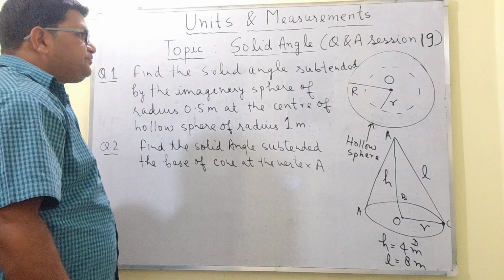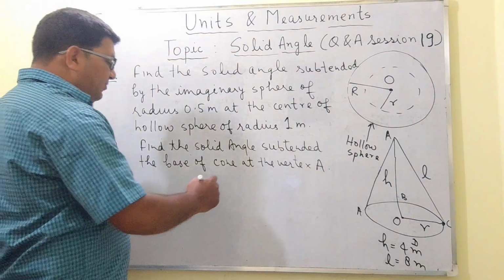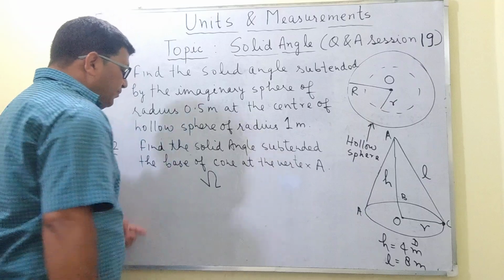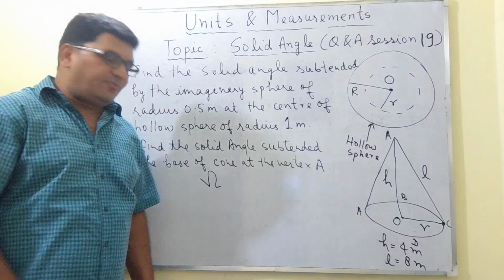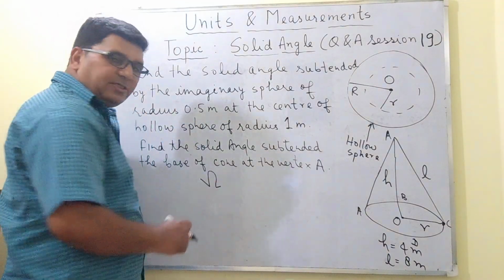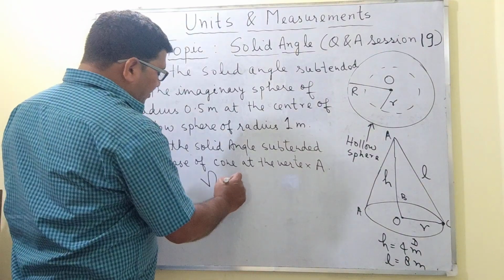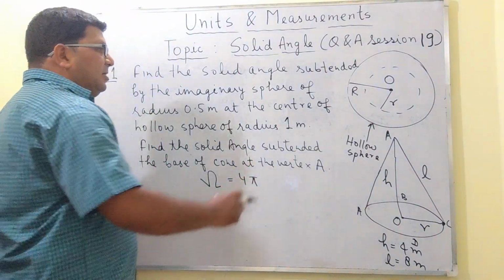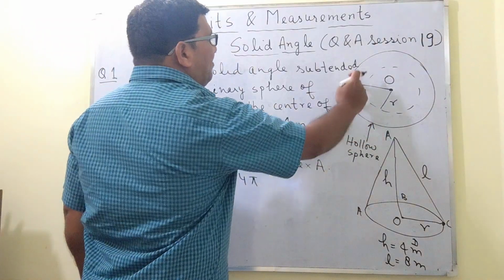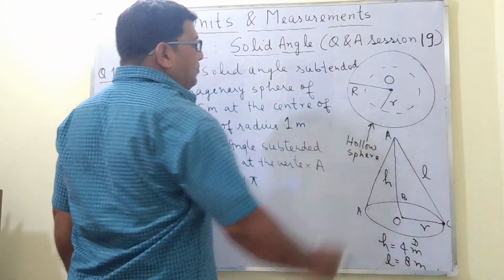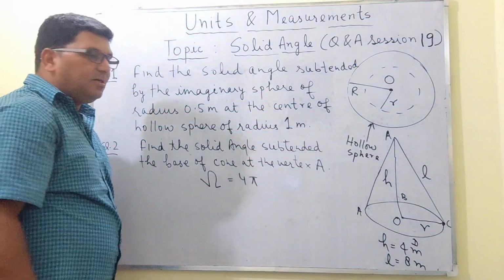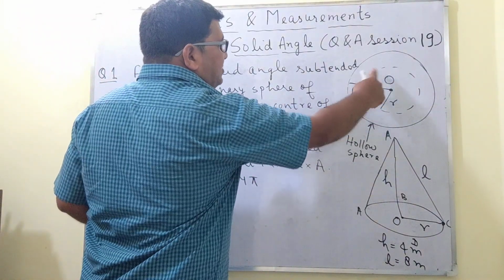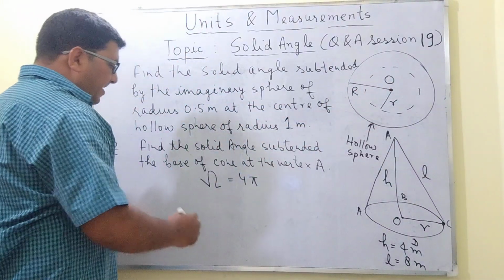Now in the previous session we have learned that the solid angle subtended by a spherical surface at the center of the sphere is equal to 4 pi. Now here the solid angle which will be subtended by this hollow sphere at the point O will be equal to 4 pi.